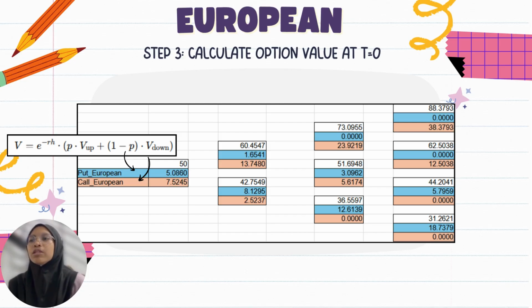The formula will be V equals exponential of negative R times H, times open parenthesis, risk neutral probability times option value at up node, plus open parenthesis 1 minus risk neutral probability times option value at down node. And then we repeat until we get to time 0, which for the put option is 5.0860, and for the call option it's 7.5245.